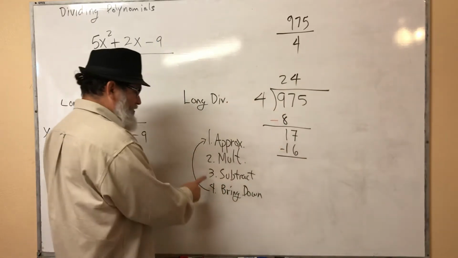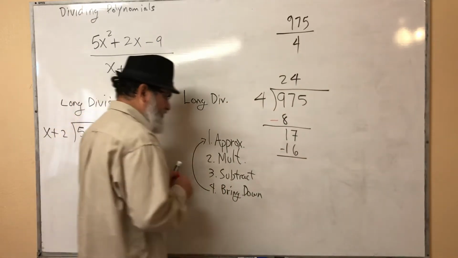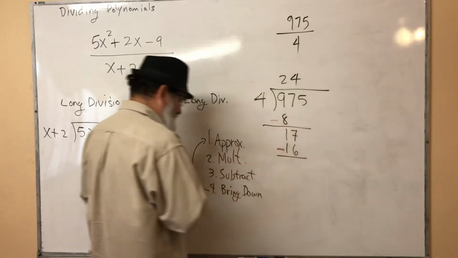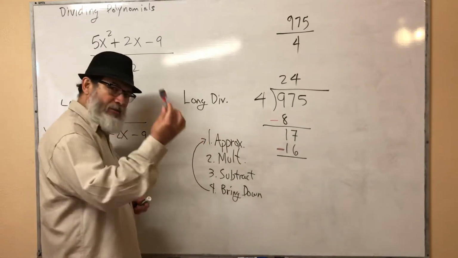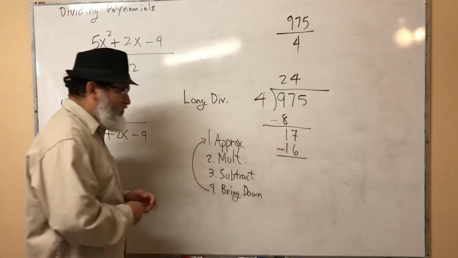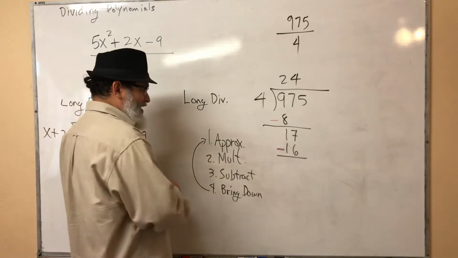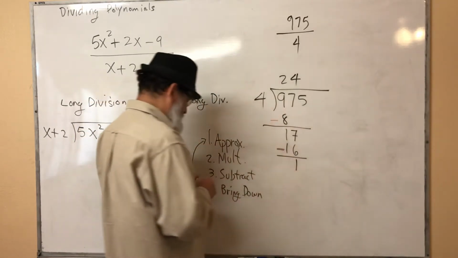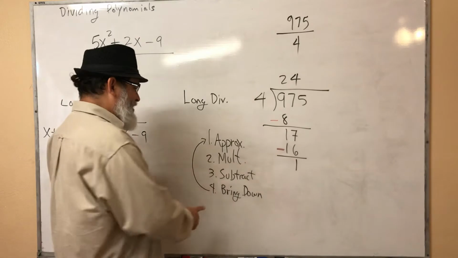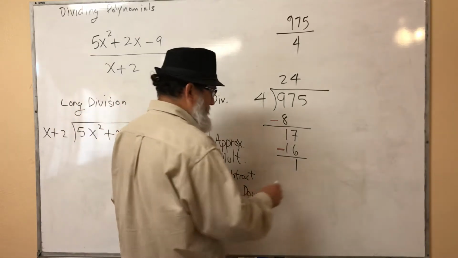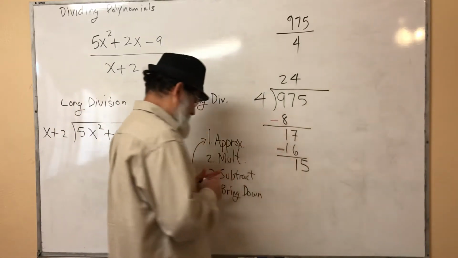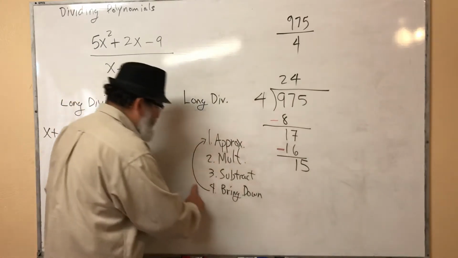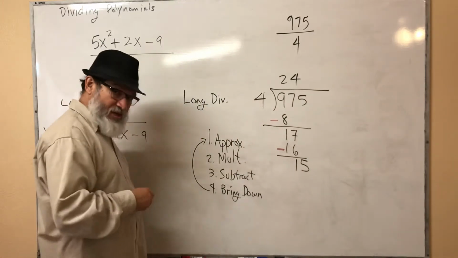And then step number 3, subtract. Subtract, right there. I do it in red. 17 minus 16 is 1. Step number 4, bring down. And then back to step number 1 again, approximate again.